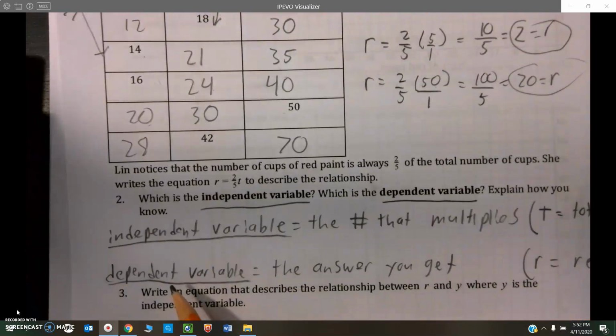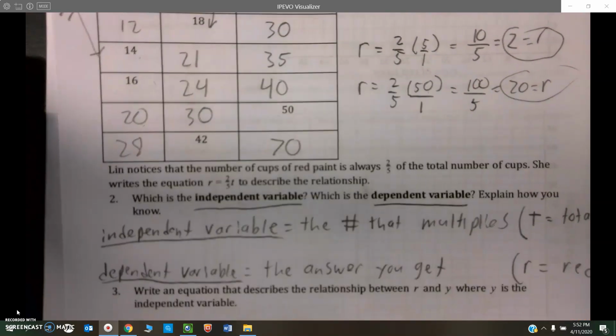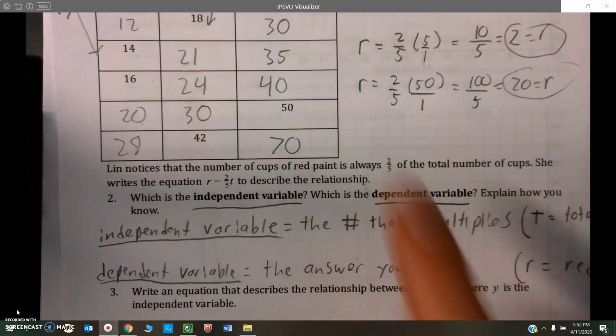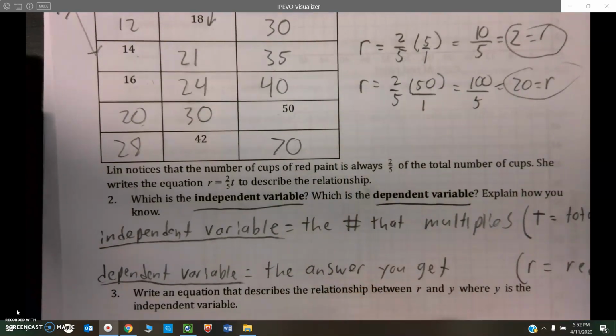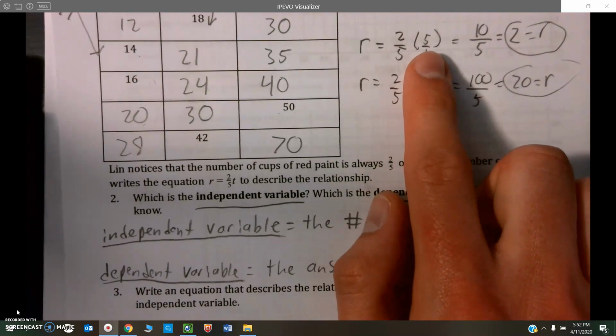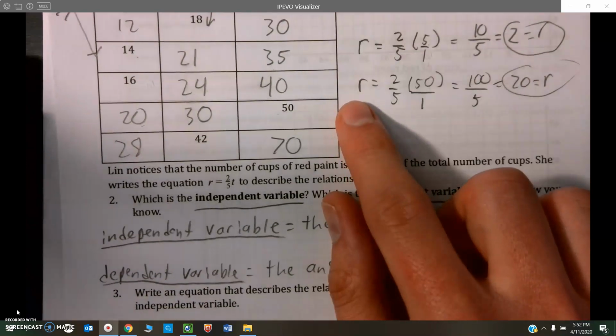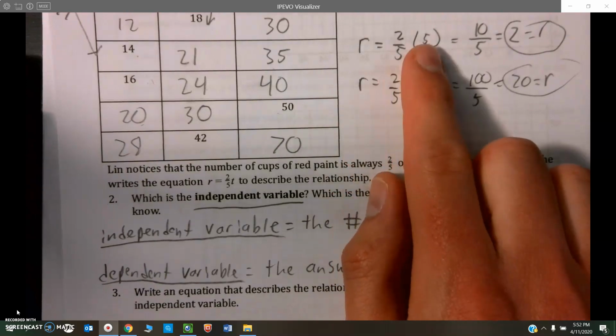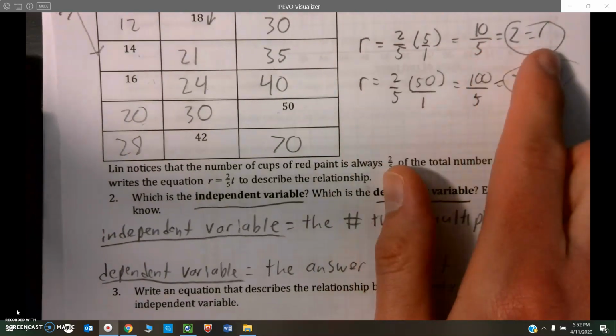And then dependent is the opposite of independent. It means you do need something, or something else changes you. So the reason why it's the answer you get is because depending on what I multiply, that will give me a specific answer. So here, when I plugged in 5, I got 2 for r.